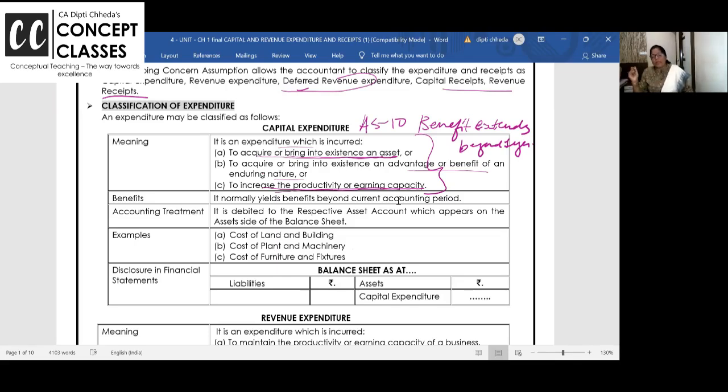Because of this COVID pandemic, I had to purchase the laptop, the camera, the touch screen and all. When I purchased this equipment, it increased my productivity, my earning capacity, and I could take online classes now. So this laptop, this camera is a capital expenditure for me. I hope examples are clear.